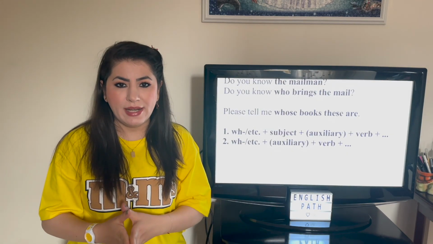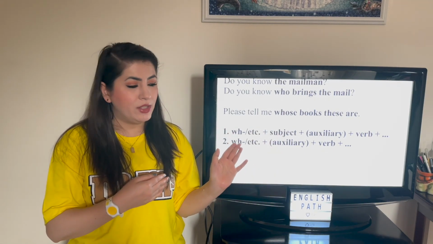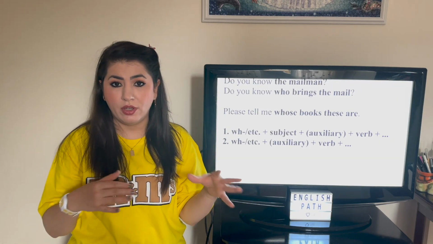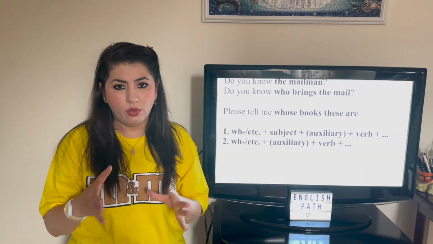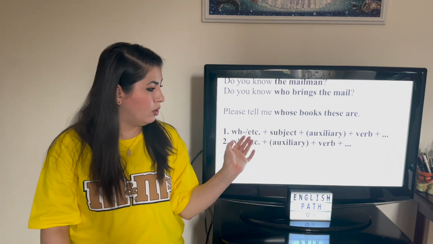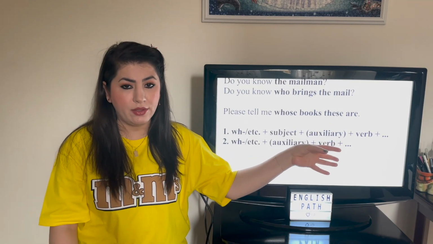So the structure of a noun clause can be either of the two. It can start with a WH word, like if, whether, however, etc., all those words, plus the subject, plus an auxiliary. For example, who she is. Is is both the auxiliary and the verb.